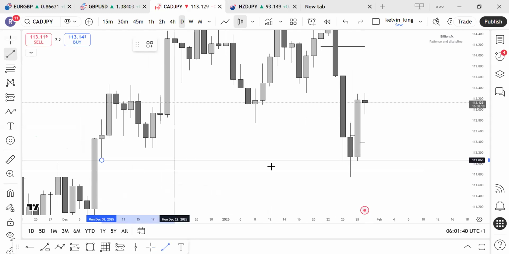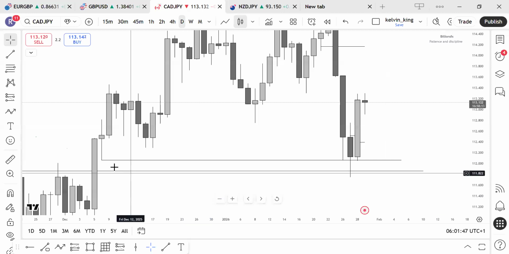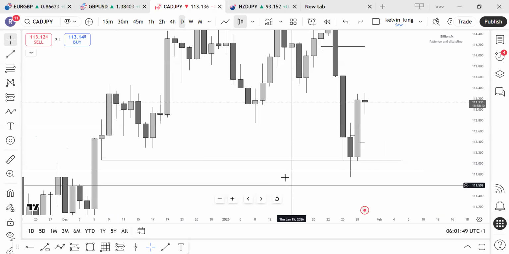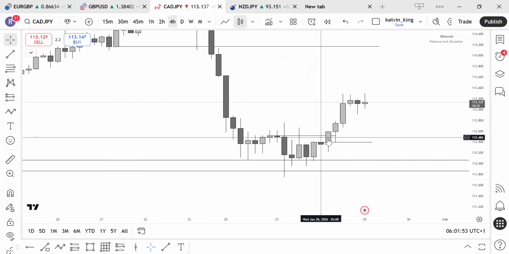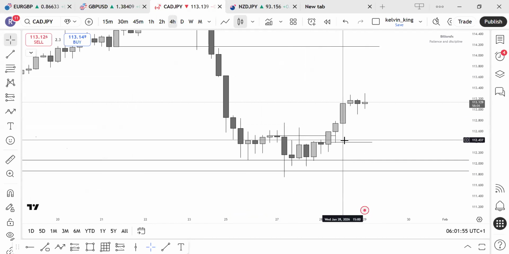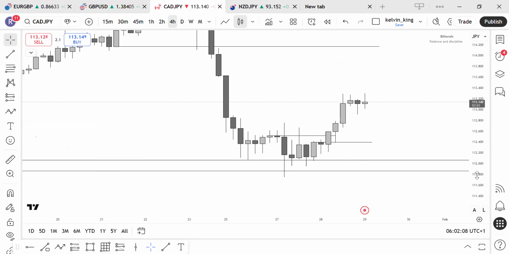So this is all you need. You don't need inducement for the entry again. Price swept this low, tapped into this place, then the entry. As you can see, we did not use any inducement for this entry. Do you get it? Yes. So the entry model does not need an inducement.